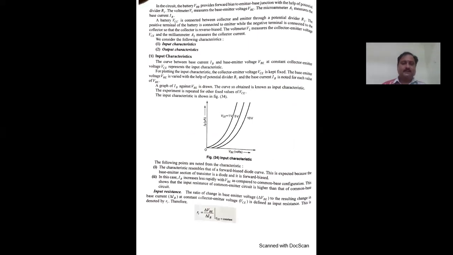Now we see the characteristics. When we apply voltage to the emitter-base junction, that is VBE, we get this type of result. This is similar to a normal PN junction diode.